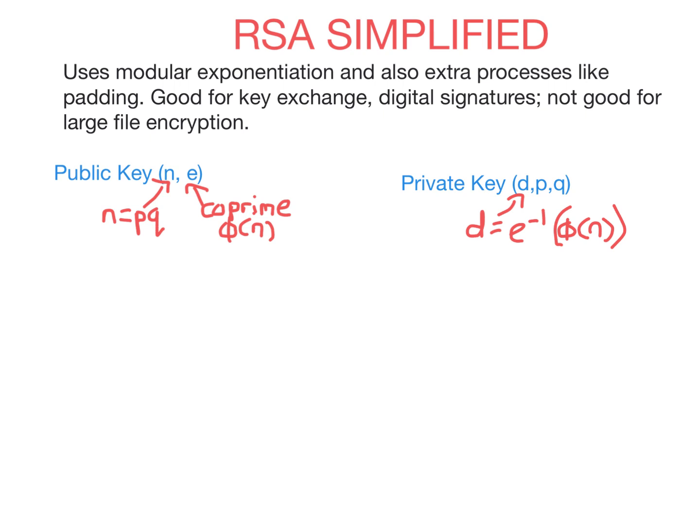Now, the genius behind RSA is that it's easy to multiply together two primes, even if they're 1,024 bits in length. A computer can do that without a lot of trouble. But trying to factorize a 2,048-bit number, particularly one that doesn't have many factors, this one will only have 4 factors, p, q, n, and 1.